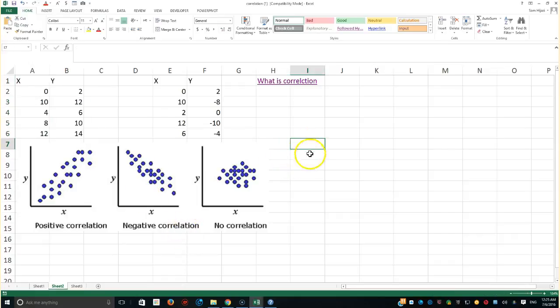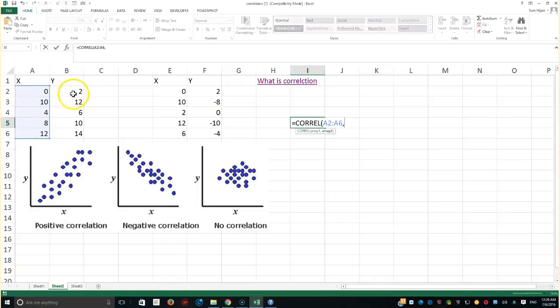So if I take the correlation for X and Y, if you look at the data here, 0, 2, 10, 12, 4, 6, 8, 10, there is always an increase in Y. There is a function called CORREL, see here, and you could go ahead and select the first array, which is in this case this one here. We call it an array, I call it a set or range, it doesn't matter. And notice this is a perfect correlation because it's 1.